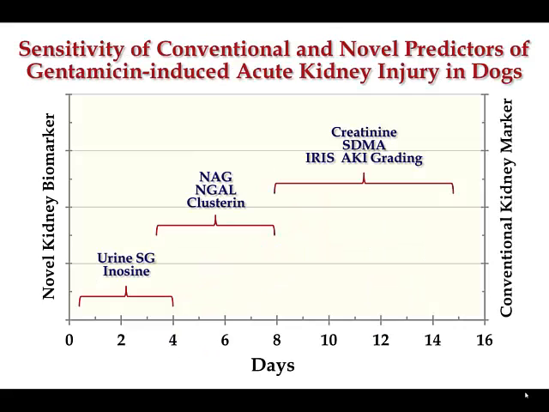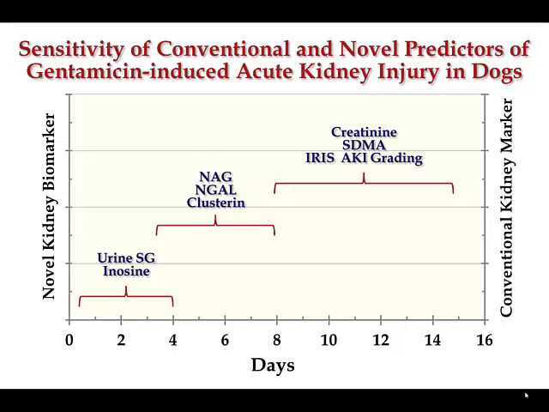We're getting increases in these two markers, and they have the potential to be very helpful and useful for us. So in putting all this together and summarizing it now, particularly if we had a panel or a spectrum of biomarkers that we could use to evaluate kidney injury, we've got some potential in urine-specific gravity, and maybe in urine inosine concentrations, that may be able to pick up the injury in the first 2, 3, 4 days of onset of the problem.